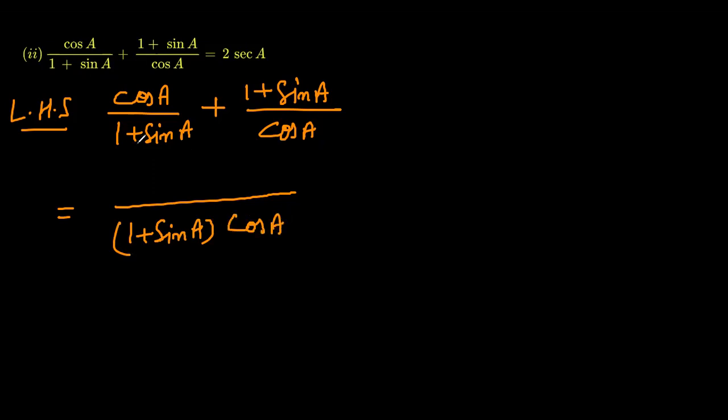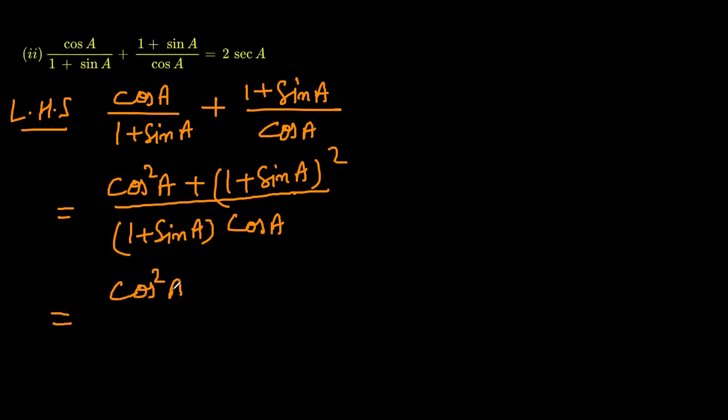Whenever you have different terms in the denominator, nothing is common in these two terms, so we simply multiply them to find LCM. Next, cos A into cos A, cos square A, plus 1 plus sine A whole square. Now, cos square A as it is, and I think we can open this bracket.